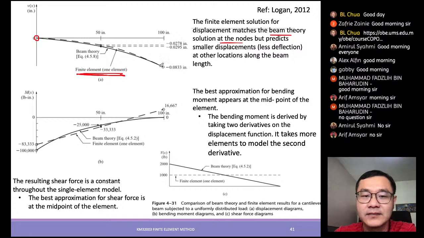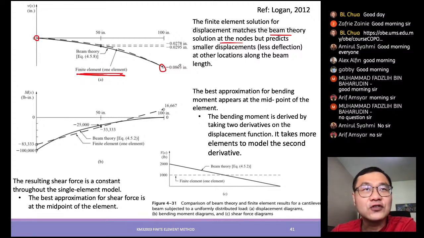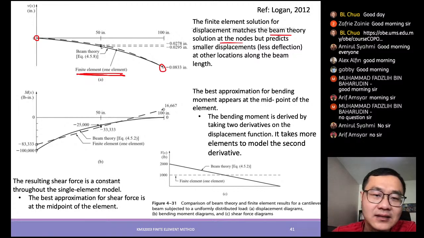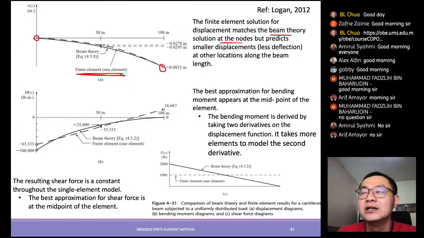So if you intend to get the exact solution at the middle, you can add an additional node so that you break it into two elements, and this middle part would be correct. So the solutions for the displacement will match the beam theory at the nodes.